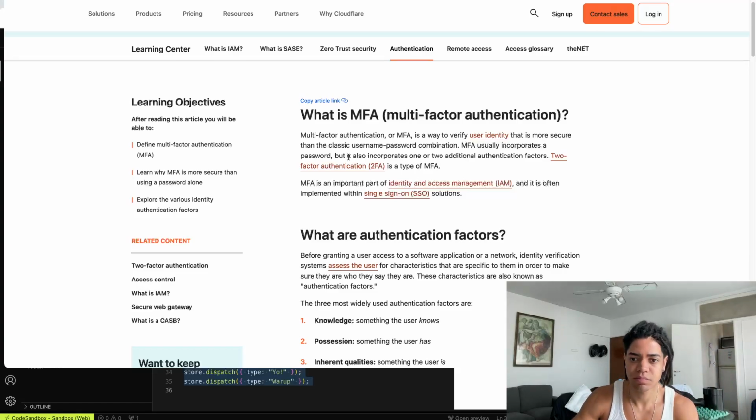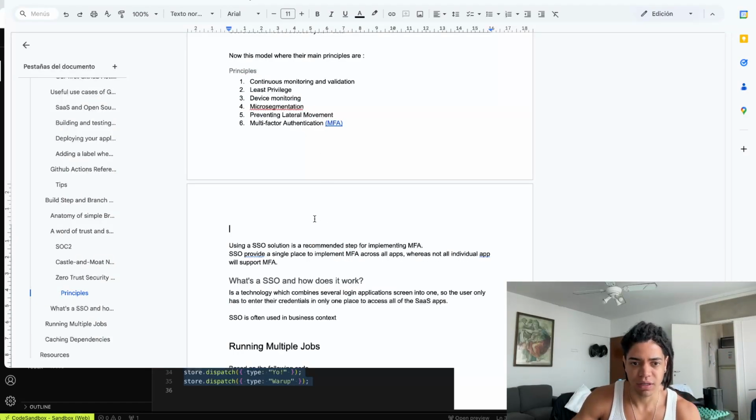So we're talking about multi-factor authentication here.